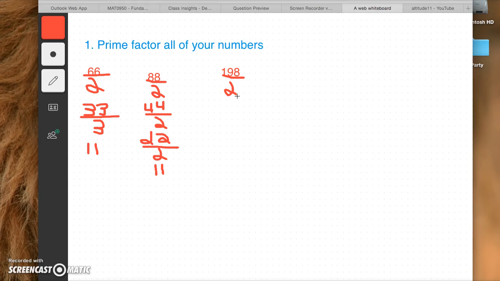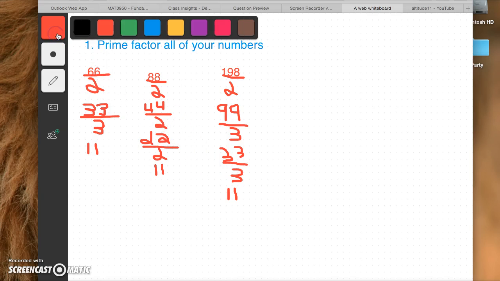So 200 divided by 2 would be 100, meaning that 198 divided by 2 is 99. So 99, not divisible by 2 because it's not even, but it is divisible by 3, which takes us down to 33. And now finally we'll divide 33 by the smallest prime number that goes in evenly, which is 3, and that takes us to 11.